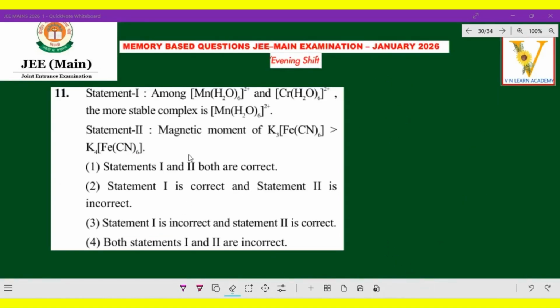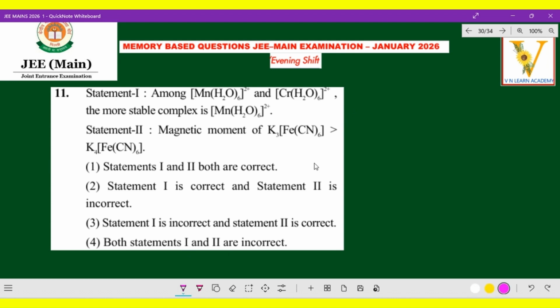The next question: among [Mn(H2O)6]2+ and [Cr(H2O)6]2+, the more stable complex is [Mn(H2O)6]2+. And the second statement, magnetic moment of K3[Fe(CN)6] is greater than K4[Fe(CN)6]. According to this, statement 1 is correct. Why?